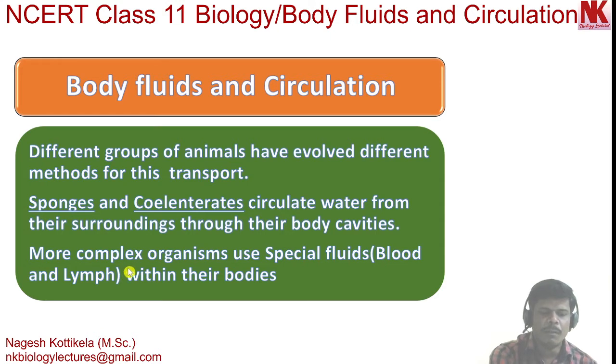And more complex organisms use special fluids like blood and lymph within their bodies for transporting substances. Blood is the most commonly used body fluid by most organisms, including humans. And lymph is also a body fluid that can transport certain substances.